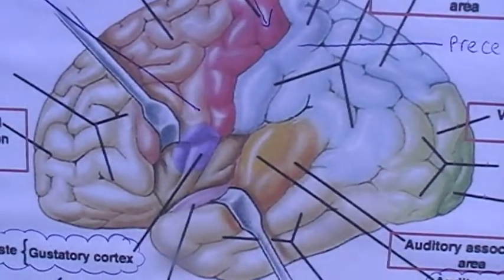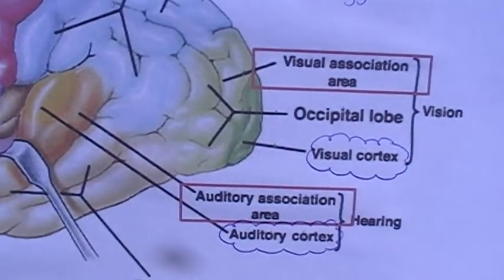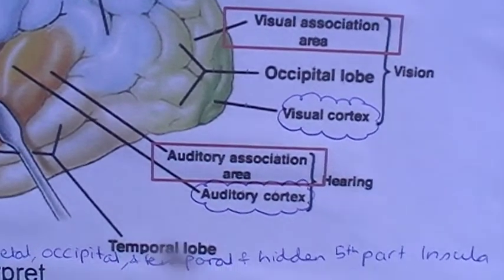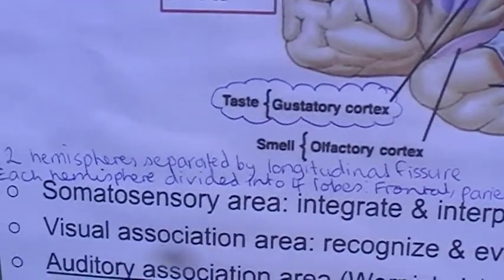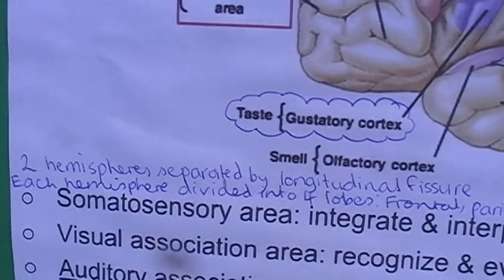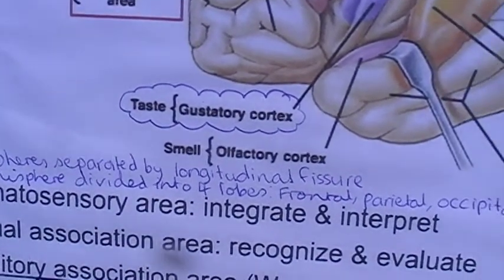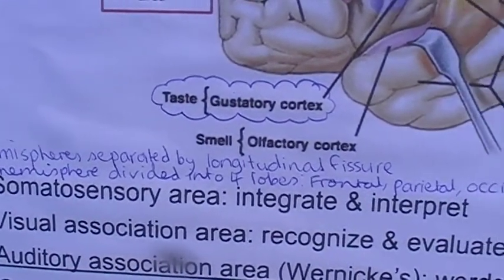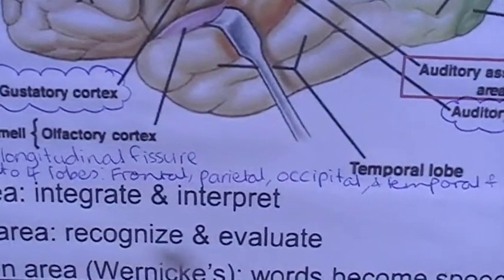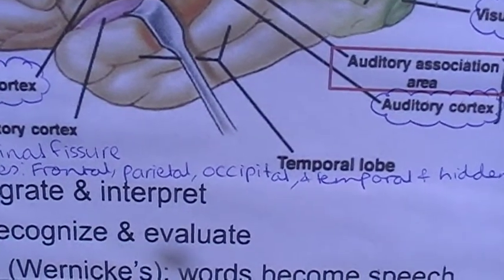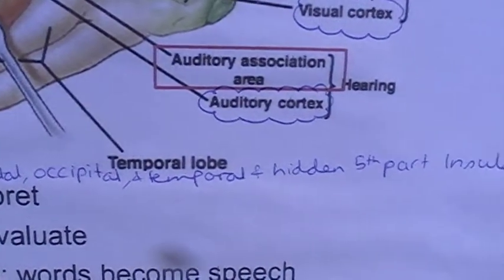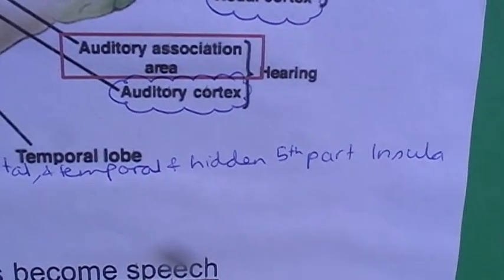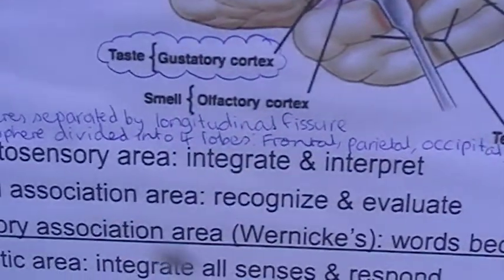The taste cortex is near the thalamus. Two hemispheres are separated by longitudinal fissures. Each hemisphere is divided into 4 lobes: frontal, parietal, occipital, temporal, and the hidden fifth part, which is called insula.